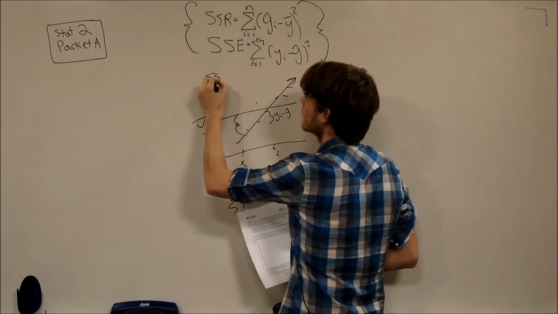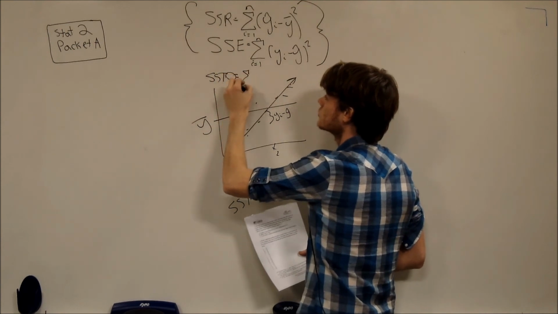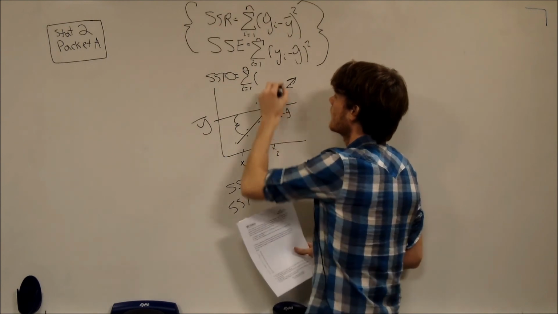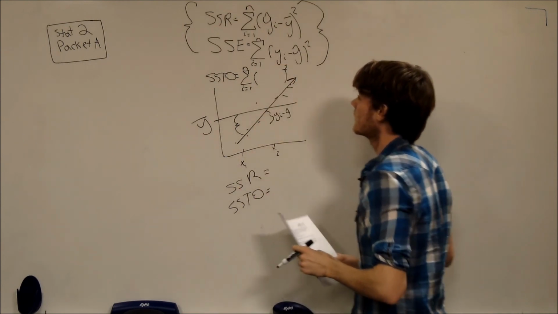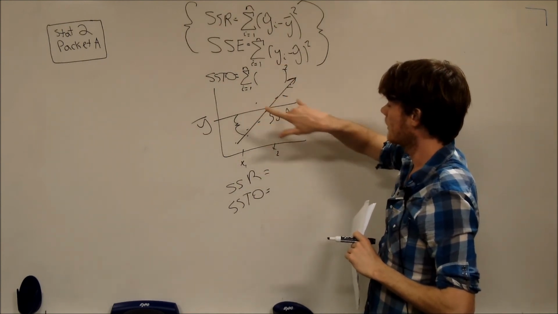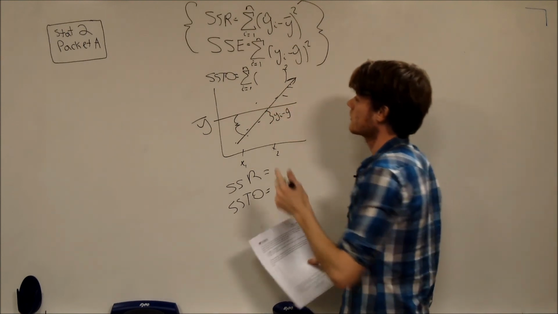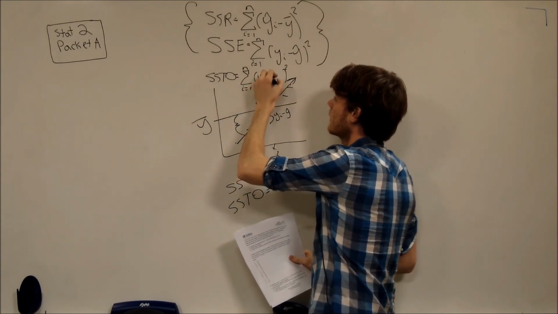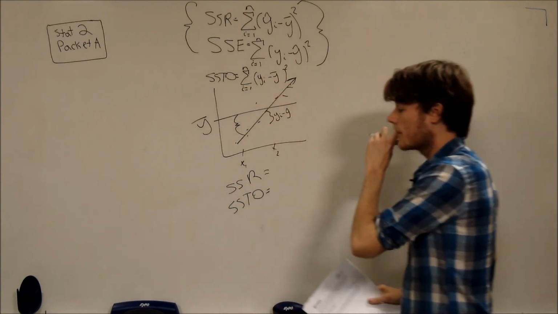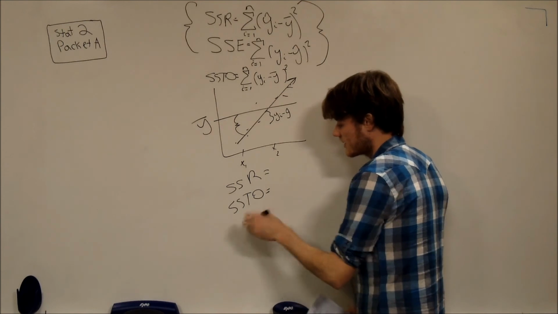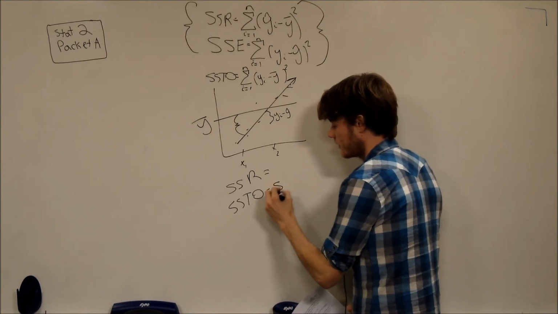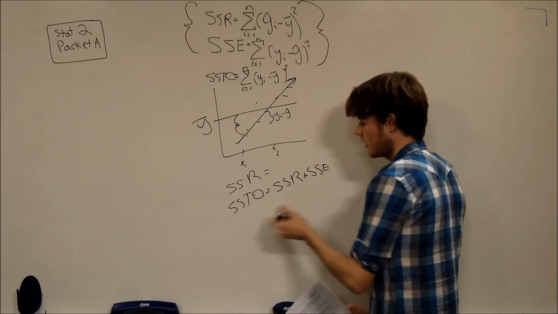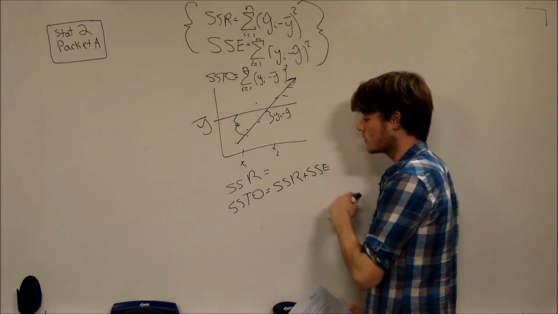The index goes from i equals 1 to n, and this is the total variation of the whole regression equation. So it's y i minus y bar. And there's a relation that says SSTO equals SSR plus SSE. You may or may not know that. If you have two of them, you have all of them.